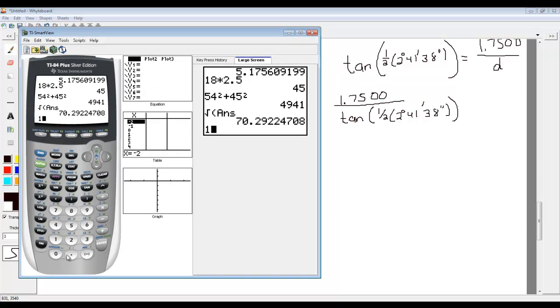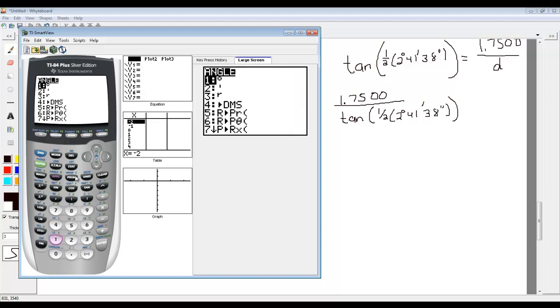We've got 1.7500 divided by the tangent of 0.5 times 2 degrees, 41 minutes, and 38 seconds.